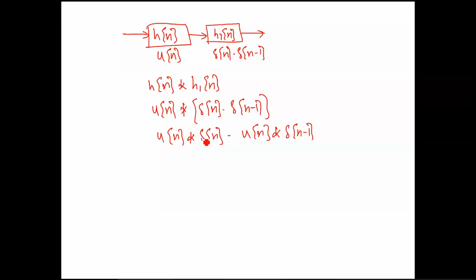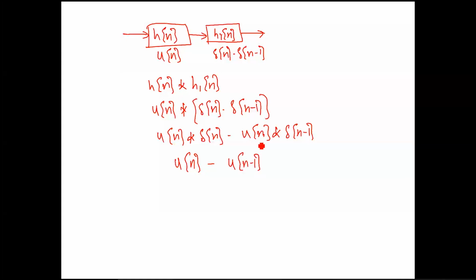The first one, we know convolution of anything with delta n ends up giving us the same thing back. The second one, again, it's an extension to the concept of impulse. Convolving anything with a shifted impulse gives shifted version of the same thing. So u of n convolved with delta n shifted one right will end up giving us result which is u of n shifted one right. So it will end up giving you u of n minus 1.